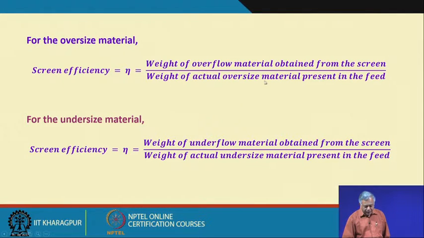How do you know the actual oversized material? You have taken a representative sample from your feed material and you have done the sieving operation at a laboratory, at an ideal condition, in a controlled atmosphere. So, how much actually you have got and how much was there.